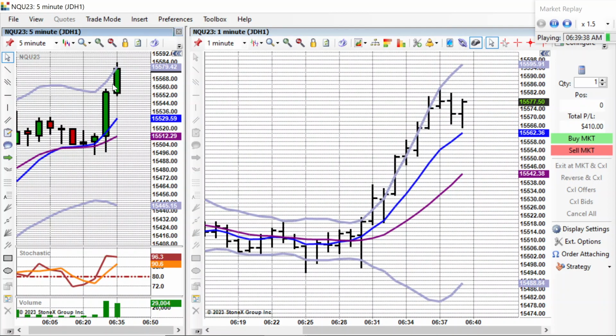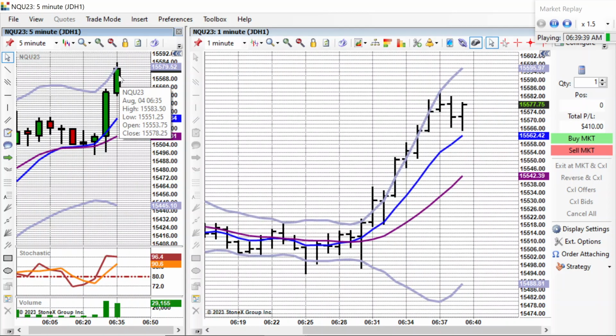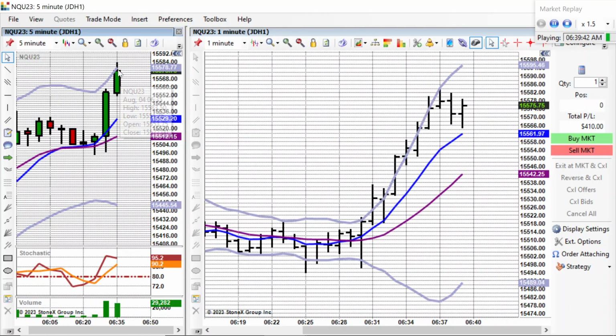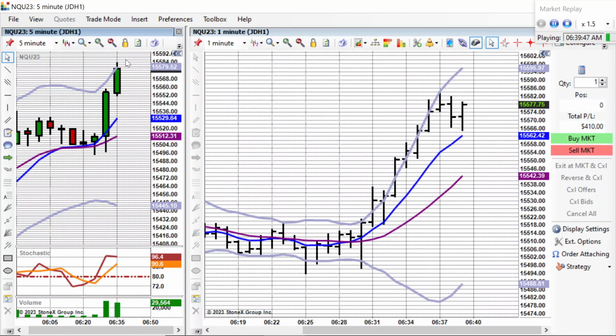But what I'm seeing here on the 5-minute chart is the candlesticks right up against that upper Bollinger Band on the 5-minute side. And so what normally I would expect is a bounce.